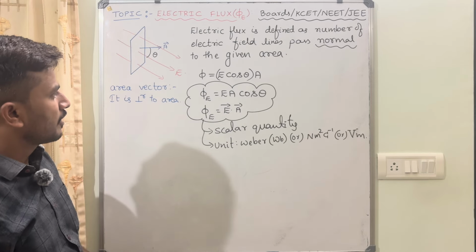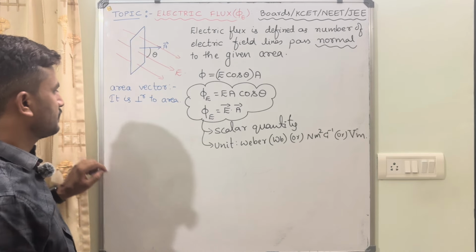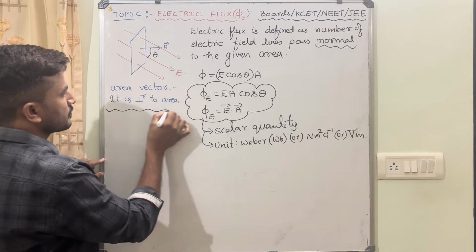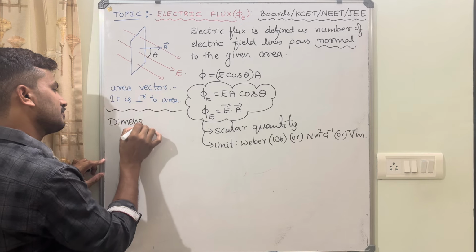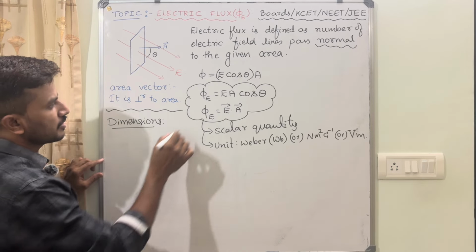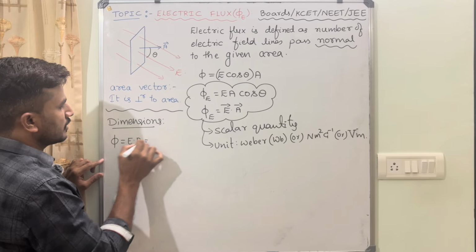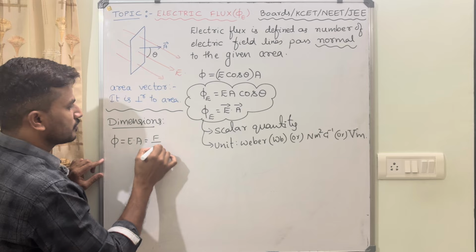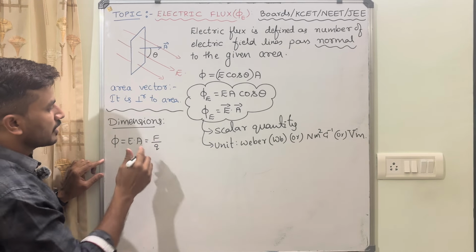Now, sir, what is the dimensional formula for electric flux? We can just derive it. Electric flux is given by E into A. E is equal to F by Q, that we have derived in the beginning, into area.